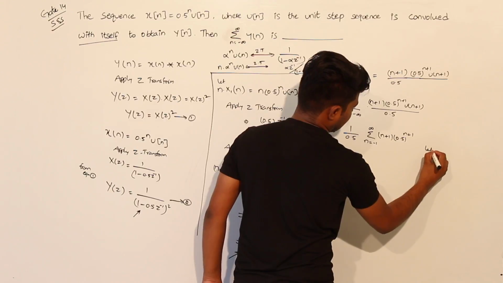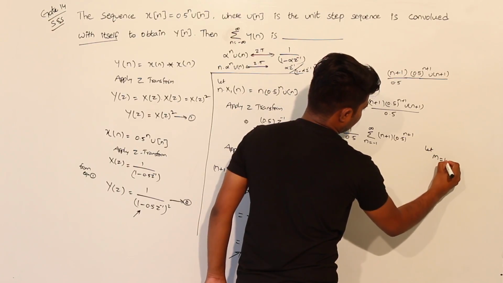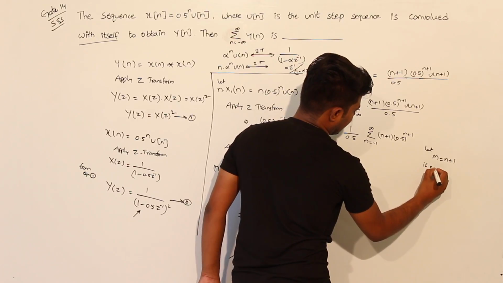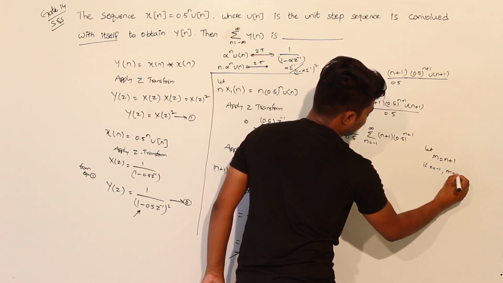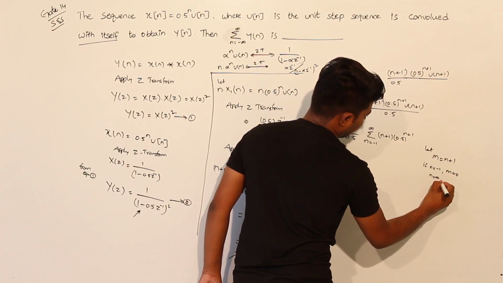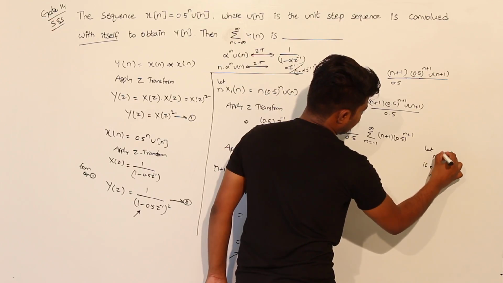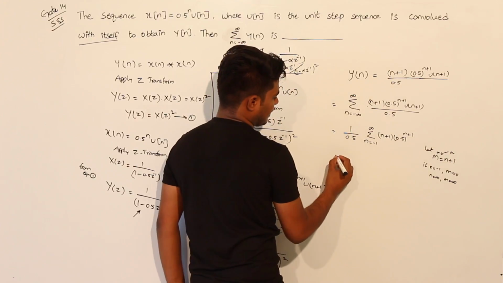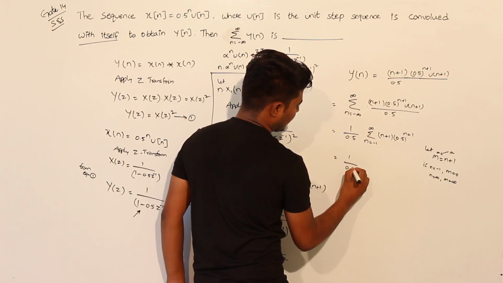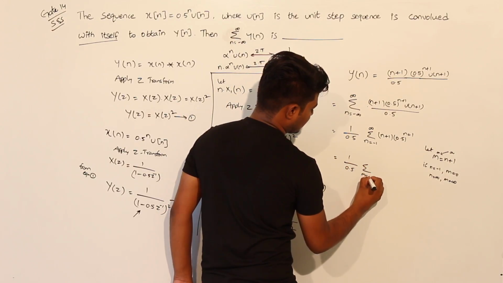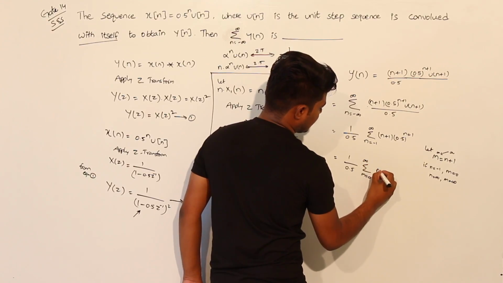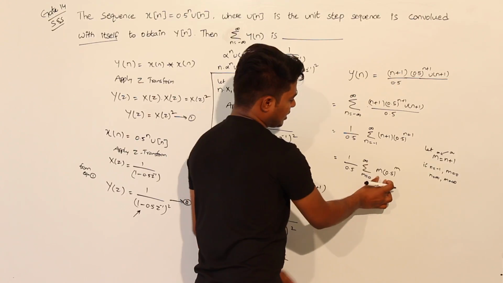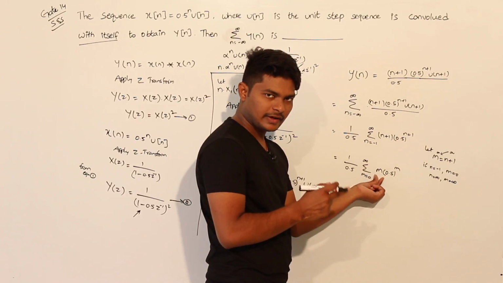Let m equal to n plus 1. Now if n equal to minus 1, m is 0. If n goes to infinity, m also goes to infinity. Substitute these values: 1 by 0.5 summation m equal to 0 to infinity of m into 0.5 power m. Here I am just substituting m in place of n plus 1.